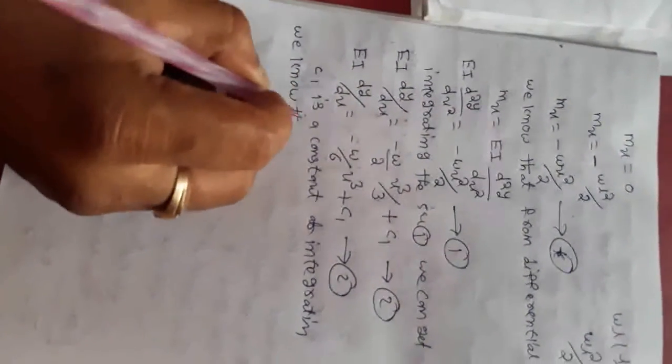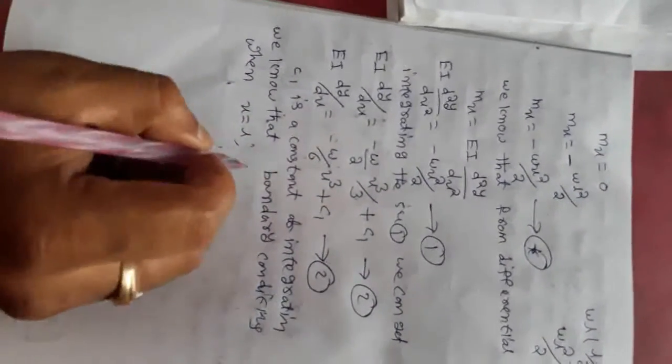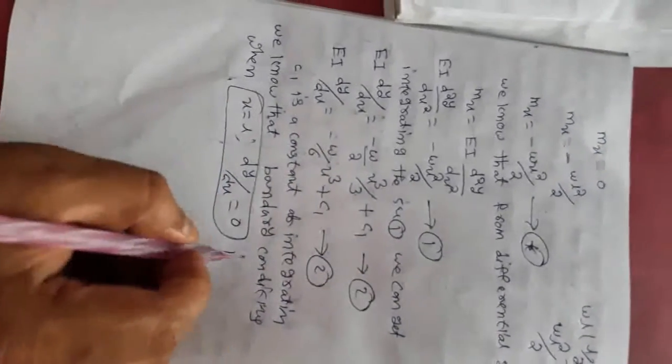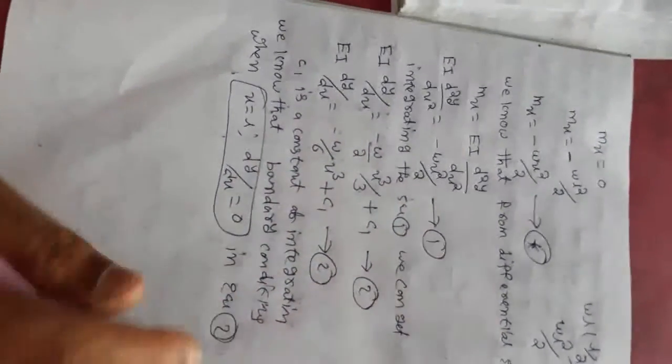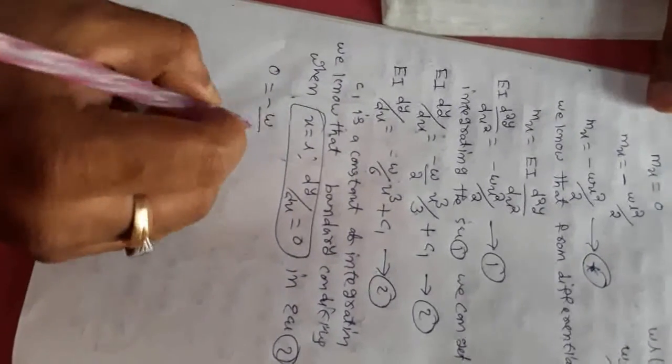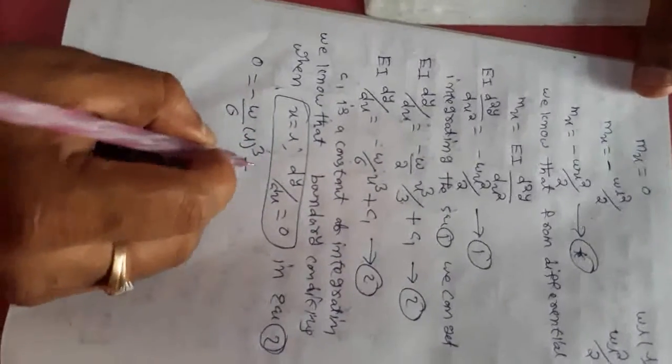We know the boundary condition: when x equal to L, dy by dx equal to 0. Substituting in equation number 2, dy by dx equal to 0, so 0 equal to minus W by 6 into L cube plus C1.